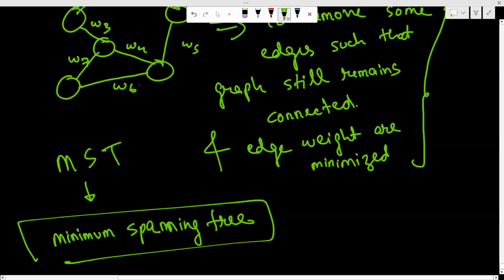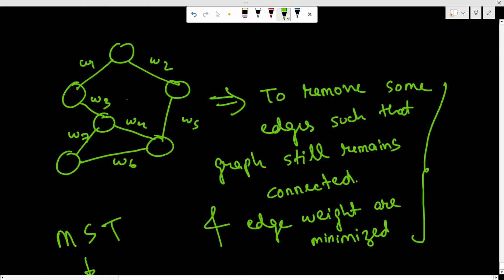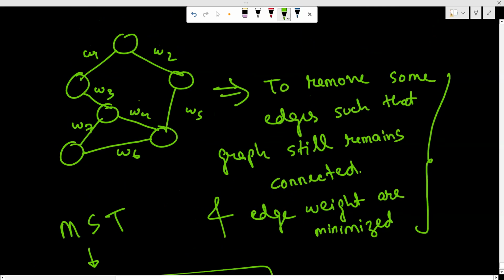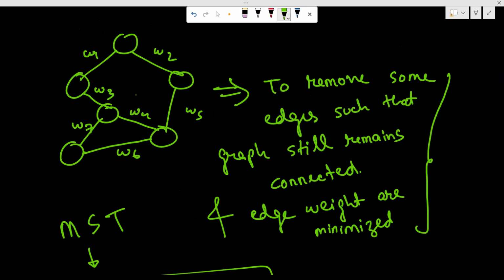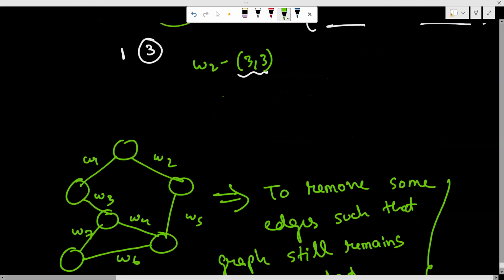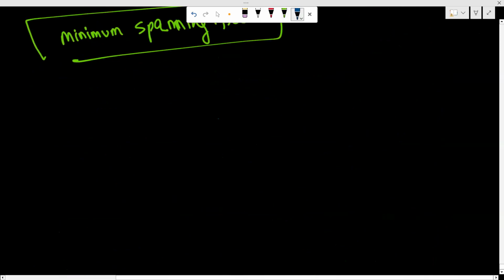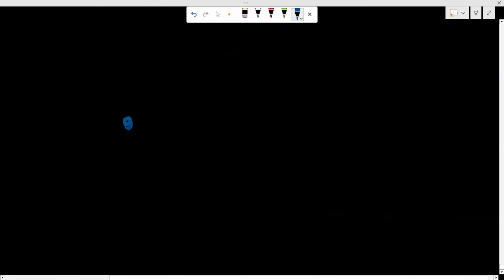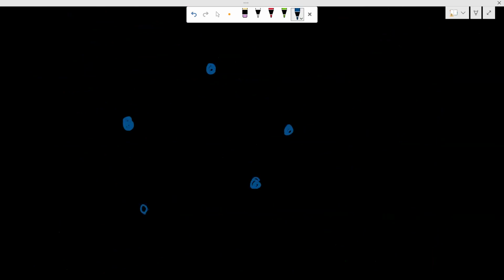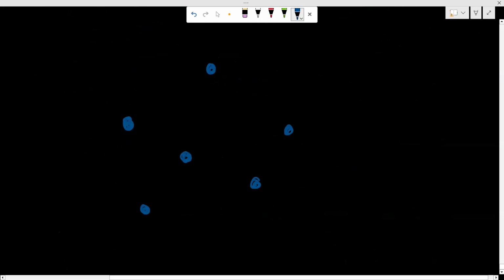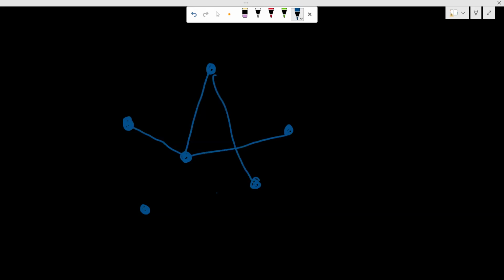So basically, if I construct the MST of this graph, I will get a tree that tells me that all my vertices are connected with minimum edge weights. So if I change this question to MST, if I assume every well as a node of my graph, and I know the distance between every well, right?